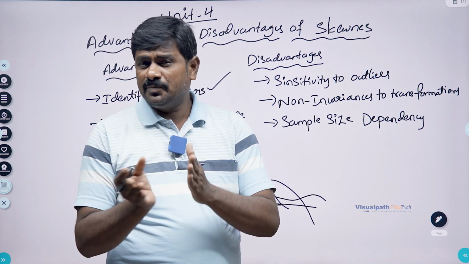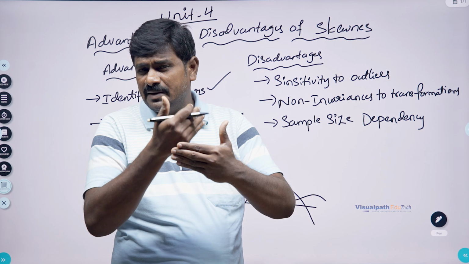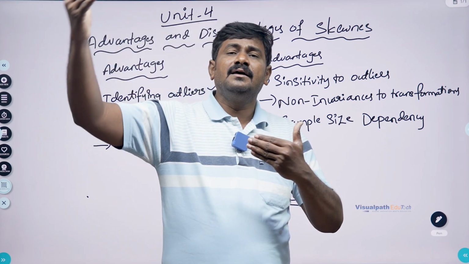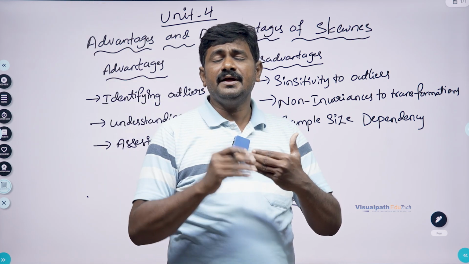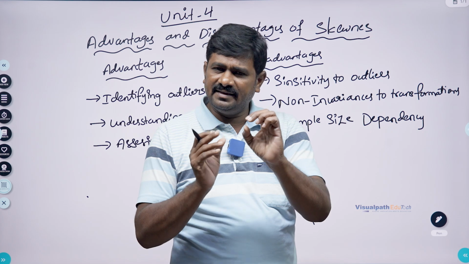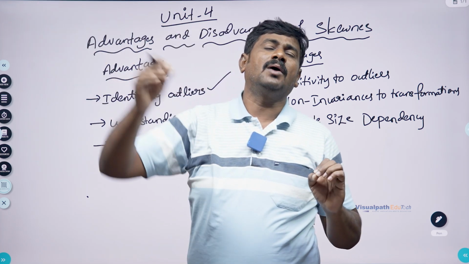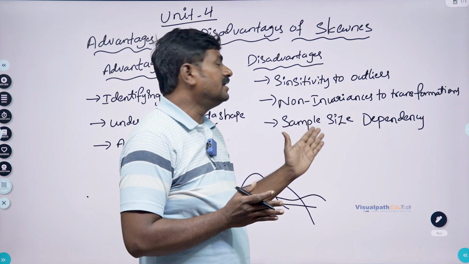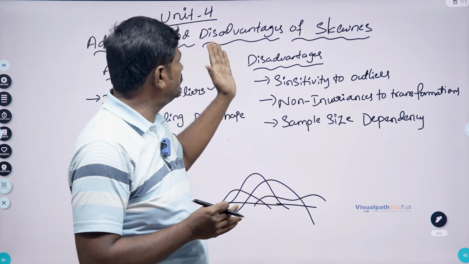Based on a small sample we may get some result and take a decision, but it may not hold for the large sample, that is, the population. The analysis based on a small sample may not be accurate for the population. So these are all the advantages and disadvantages of skewness.